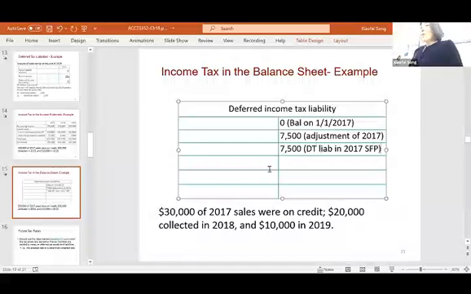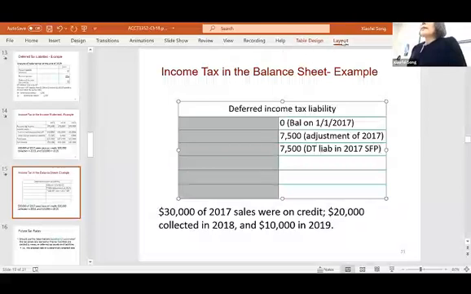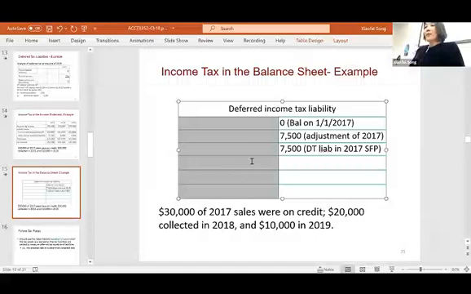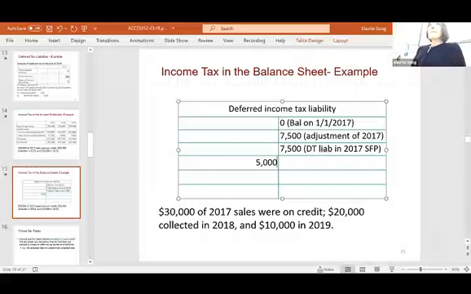And in 2018, we need to make an adjustment. The adjustment is debit deferred tax liability. So this will be 5,000. So this is the adjustment of 2018.